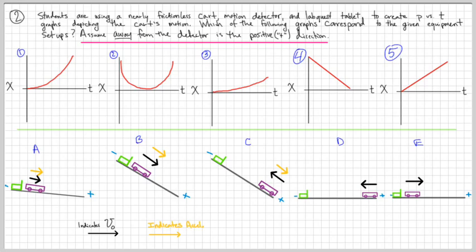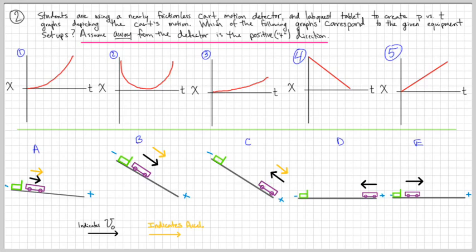When I go to solve this, I need to look at both my graphs and my equipment setups and see which ones match. I've organized them randomly, the graphs above and the equipment setups below, so we need to figure out which one is which. Briefly looking at my graphs, I can see the first three, 1, 2, and 3, have curved position-time graphs. When I see a curve in the position-time graph, that indicates its slope is changing.